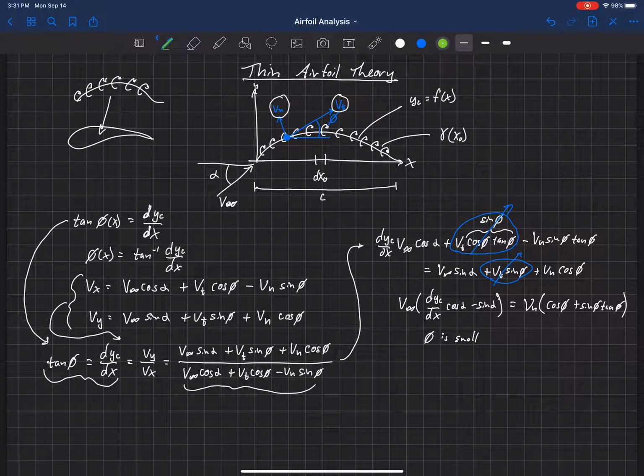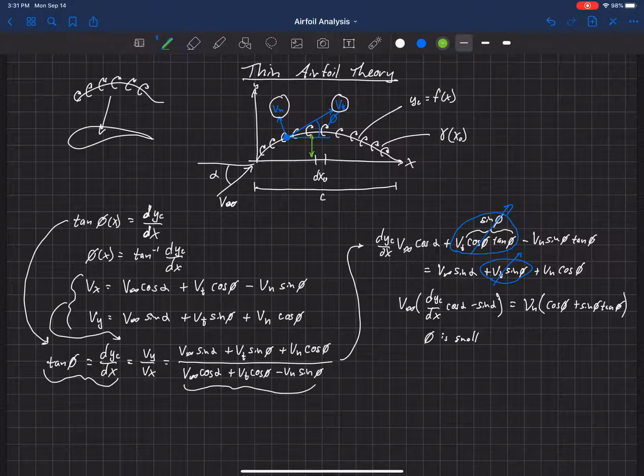And remember that the maximum camber here is the maximum height of that camber line relative to the x-axis. And most airfoils are on the order of 2% of the length. The camber is maybe 2 to 4%. And so phi is pretty small. The slope of that camber line is usually pretty small.